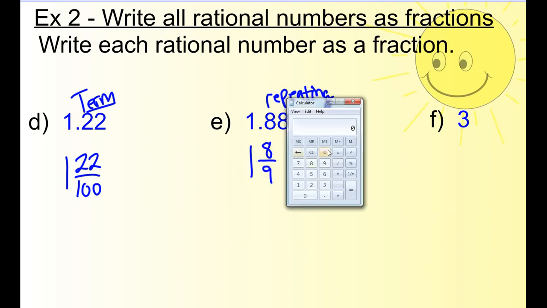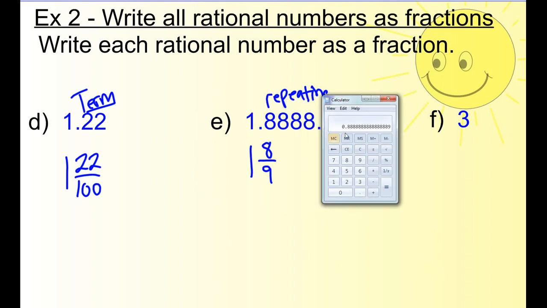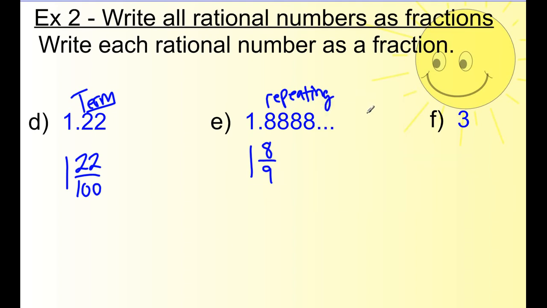And calculator says 8 divided by 9 equals 0.8888888888888. Ignore the 9 at the end here. That 9 at the end is because the calculator rounds. And whatever calculator you're using probably rounds that as well. Most of them do.